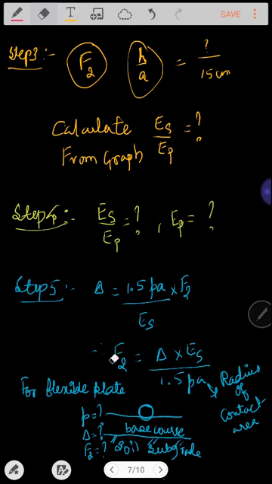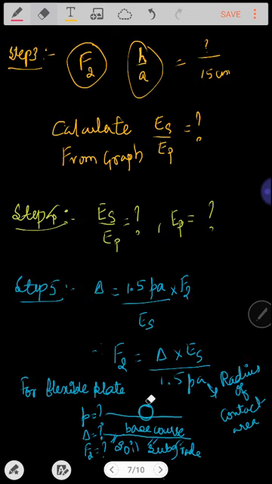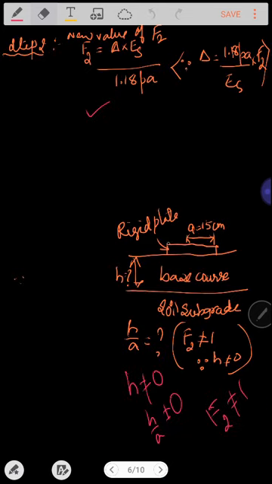This value of F2 is totally different from the value of F2 which we determined for the plate load test existing over the base course. This is for the flexible plate, and this is for the rigid plate over the base course.